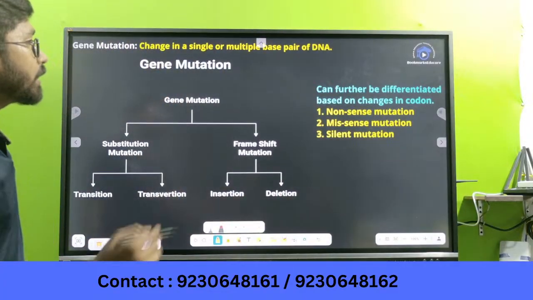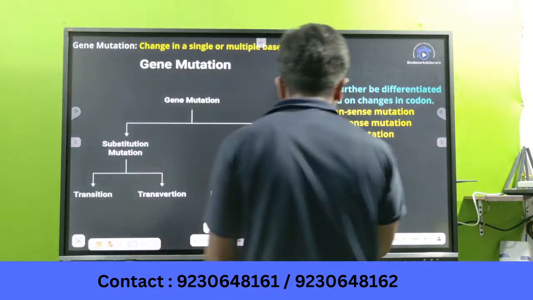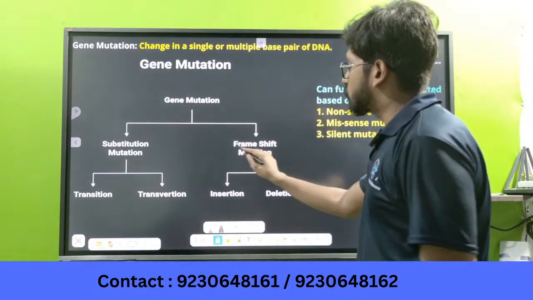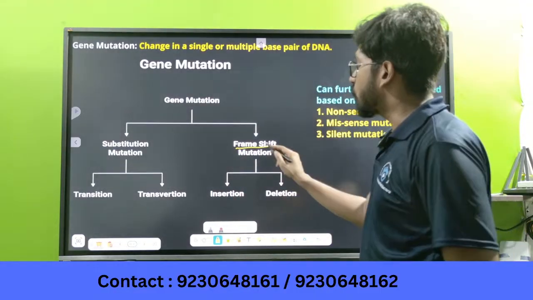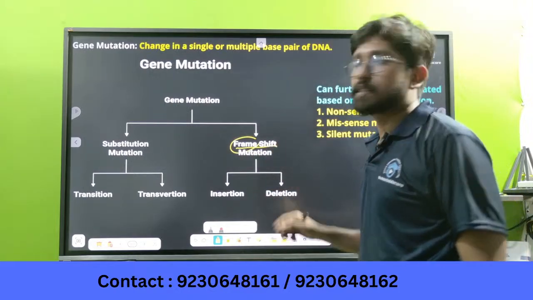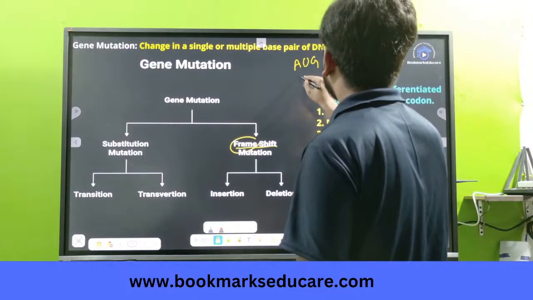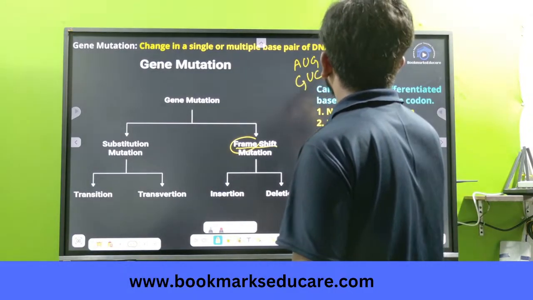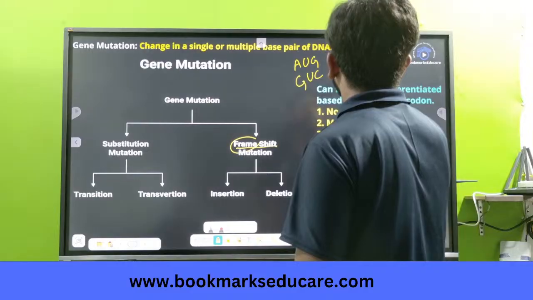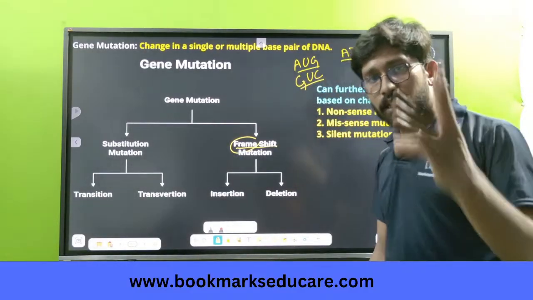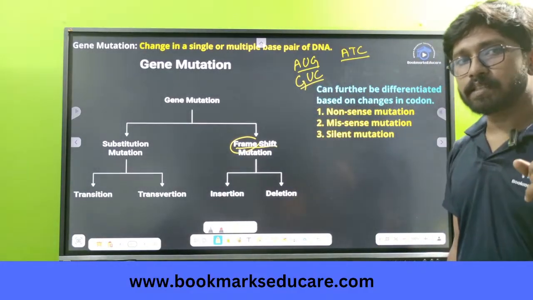For frameshift mutation, again we need a sequence. For example, also, what is frame shift? To know that we need to know what frame is. We know a codon is written like this: AUG, GUC, ATC, with 3 different nitrogenous bases.